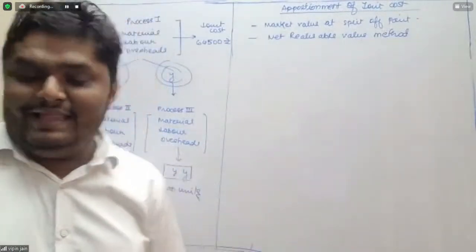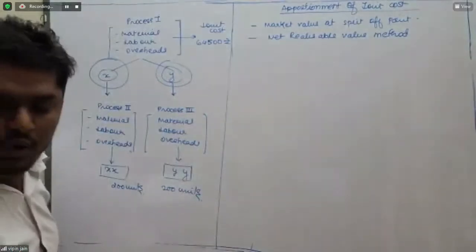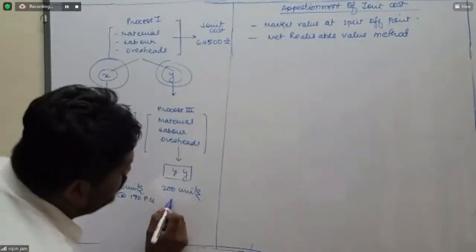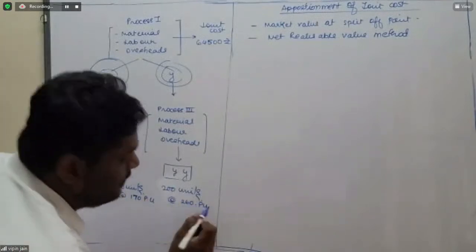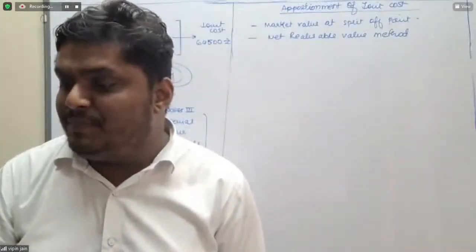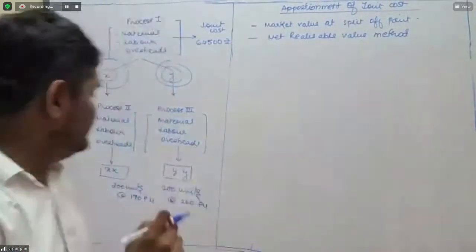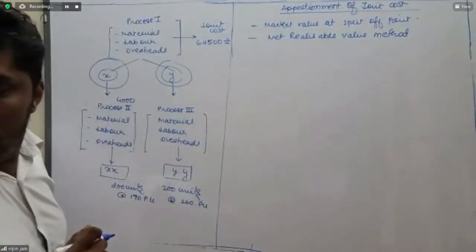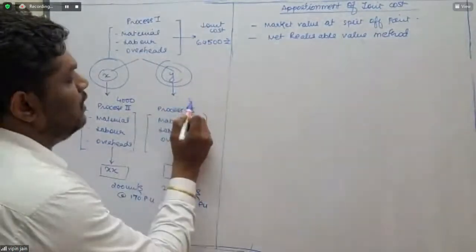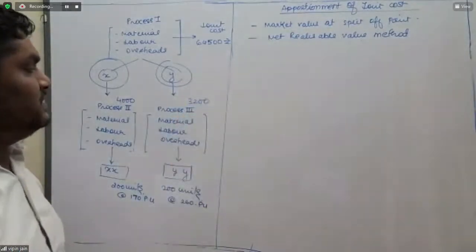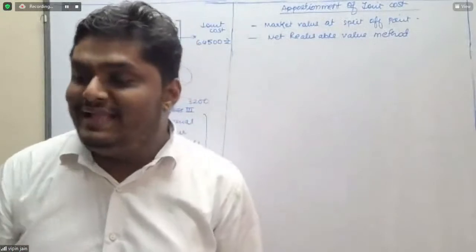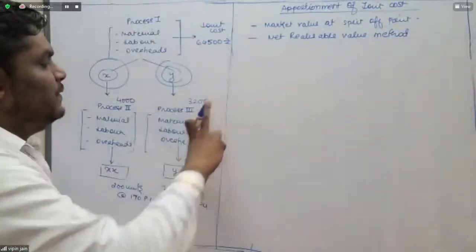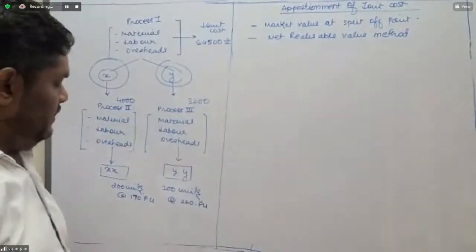Further, the final product double X and double Y can be sold in the market at the rate 170 per unit, and this can be sold at the rate 260 per unit. Now let's say the further processing cost incurred in case of process second is 4,000, and process third is, let's say, 3,200.